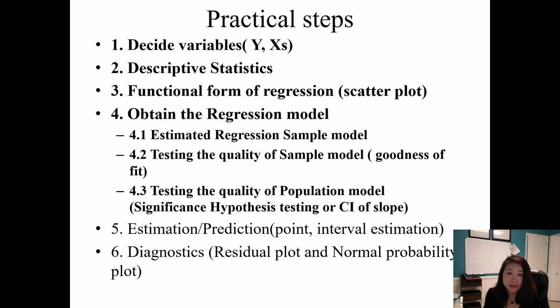So this is our last, final check to make sure the model is good and can be implemented in other situations as well. In total there are 6 steps. In chapter 14, part A, we're going to focus on 4.1, 4.2, 4.3, and in chapter 14, part B, we're going to focus on step number 5.